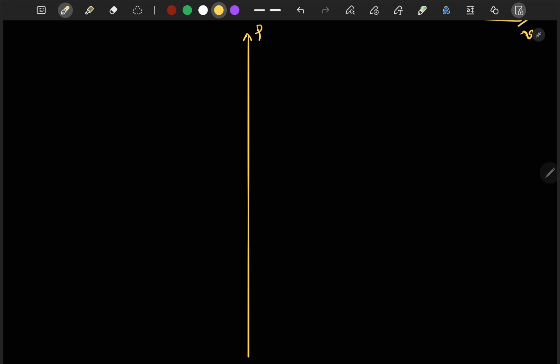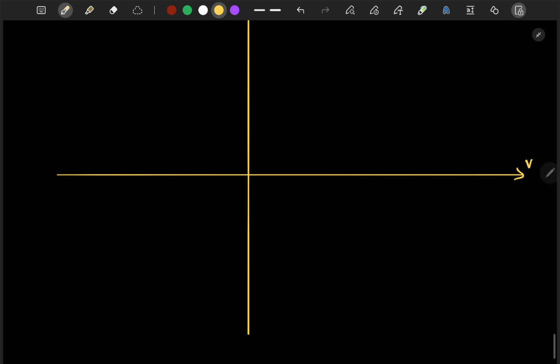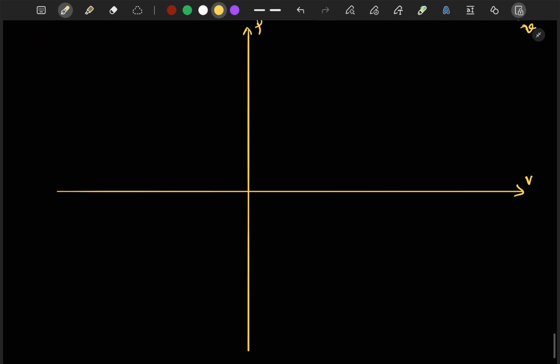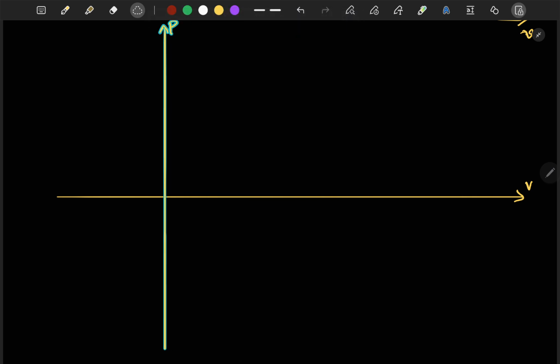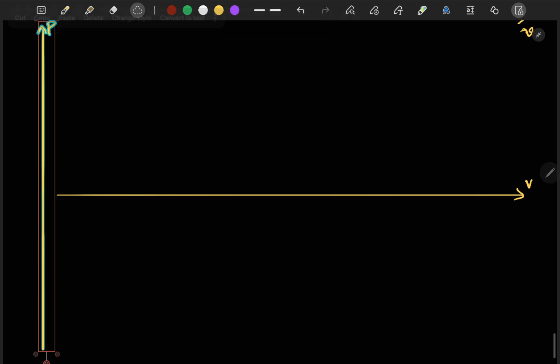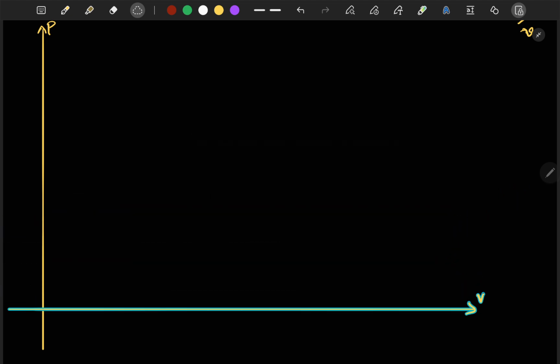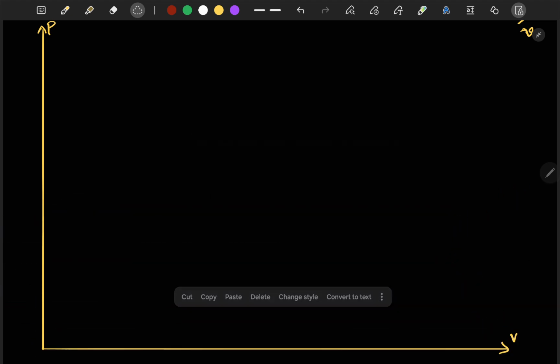This is the pressure axis, and this is the volume axis. We will divide it into 4 quadrants, and then we will draw all the diagrams.